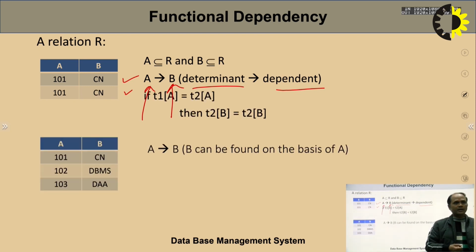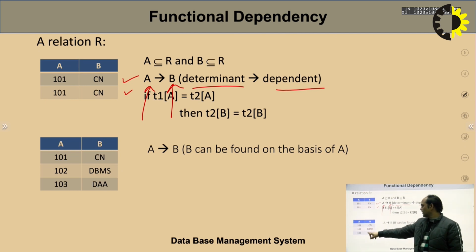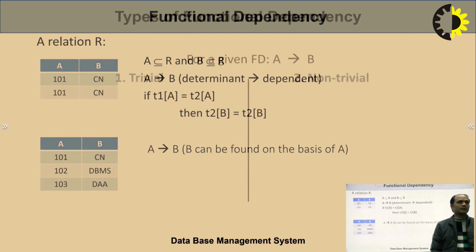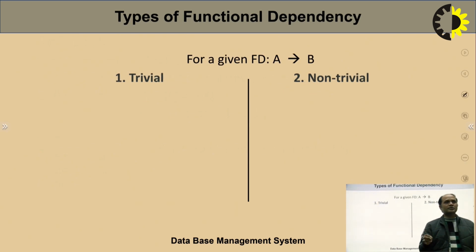Then we have another example with two attributes A and B, where the value 101 corresponds to CN, 102 corresponds to DBMS, and 103 corresponds to DA. Then B is dependent on A. This is the functional dependency. Another term: functional dependency can be of type trivial and non-trivial.